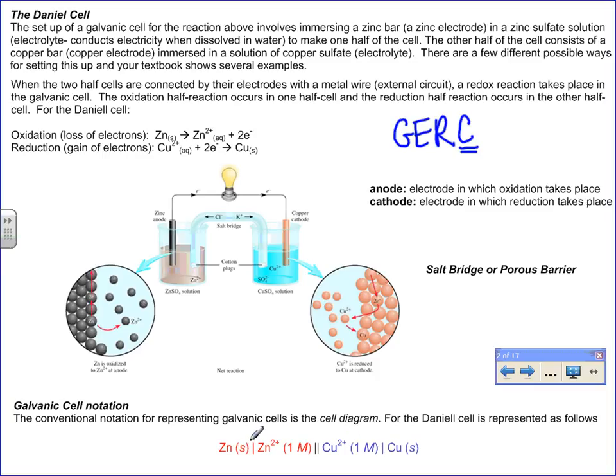What's nice about this notation is you can actually see both the anode and cathode reactions that are happening. The zinc is being converted to zinc 2+, and the copper 2+ at the cathode is being converted to copper.